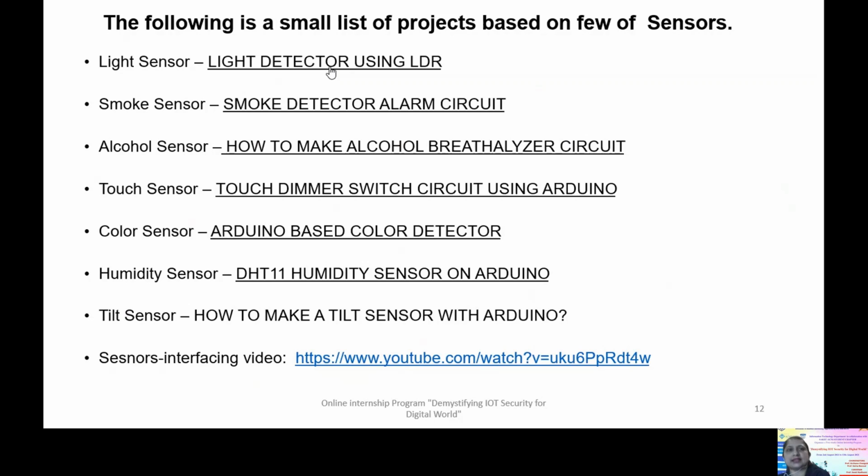For example, if you want to use light sensors, we can use a light sensor using the LDR sensor.